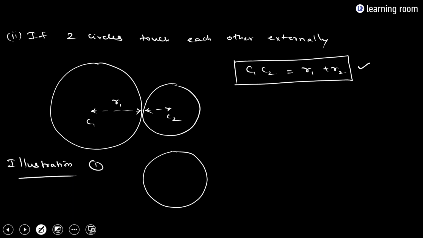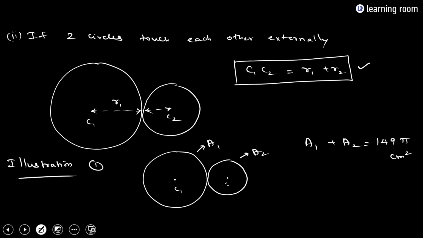When two circles touch each other externally, the sum of their areas, A1 plus A2, is equal to 149 pi centimeters square. Be careful with the units, okay? And the distance between their centers C1C2 is equal to 17 centimeter.